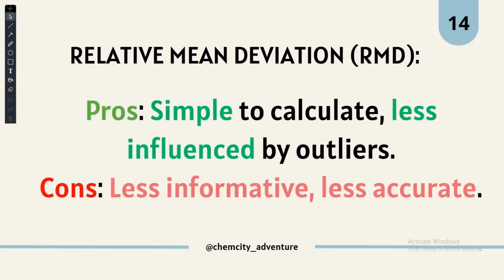Pros: simple to calculate, less influenced by outliers. Cons: less informative and less accurate. Of course, standard deviation is so accurate, and other things that we might use give us less accurate results, so you should care about it.